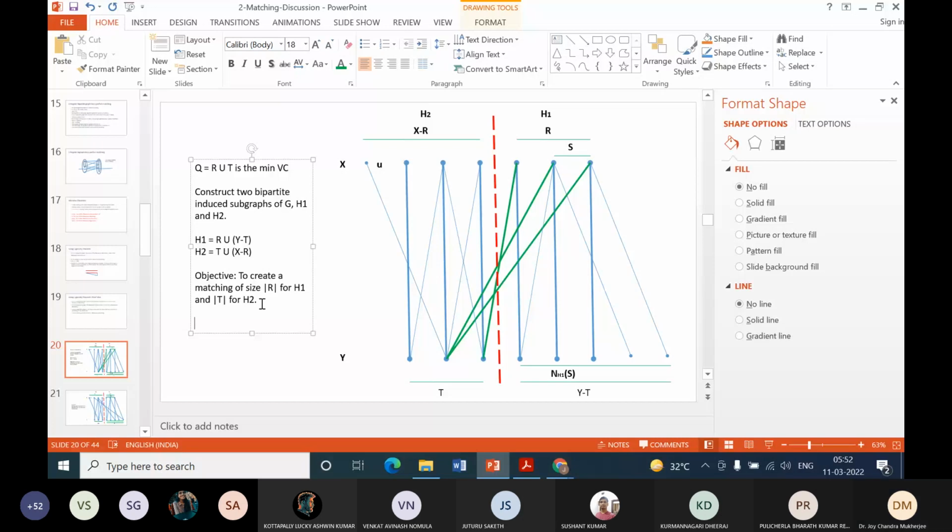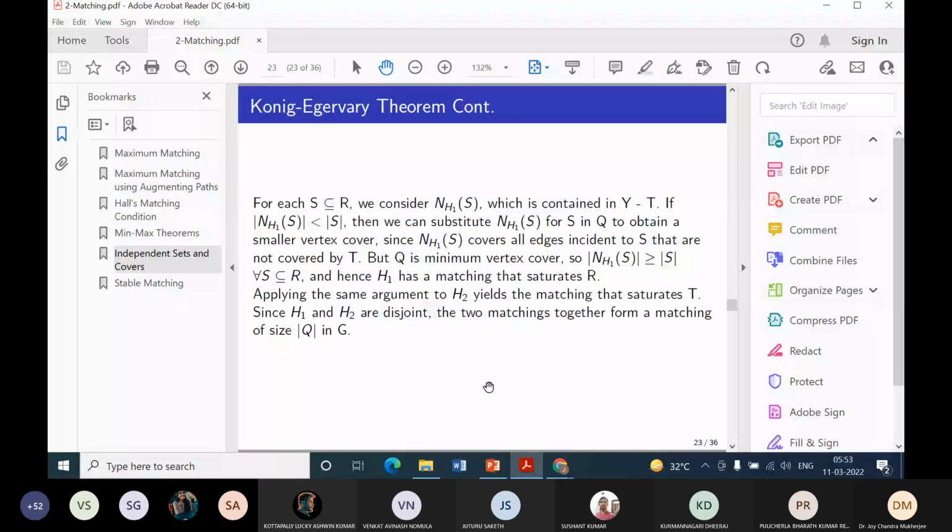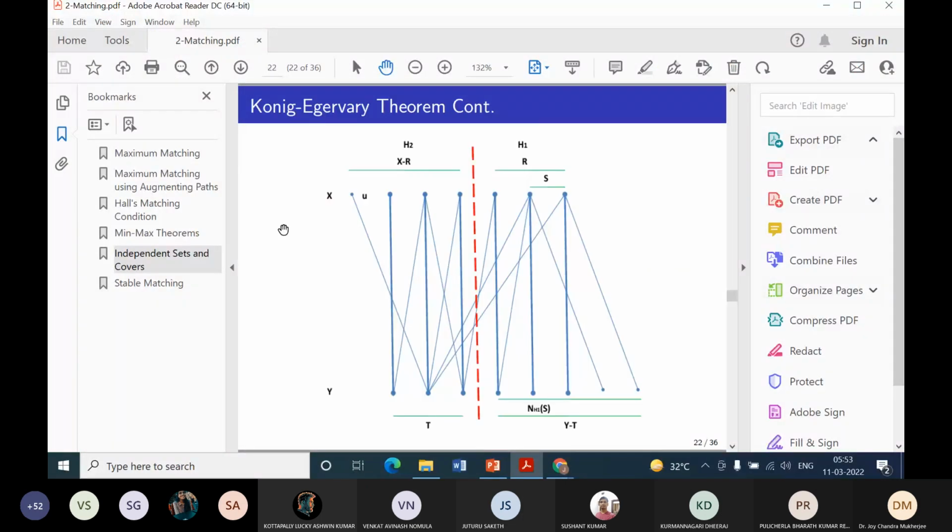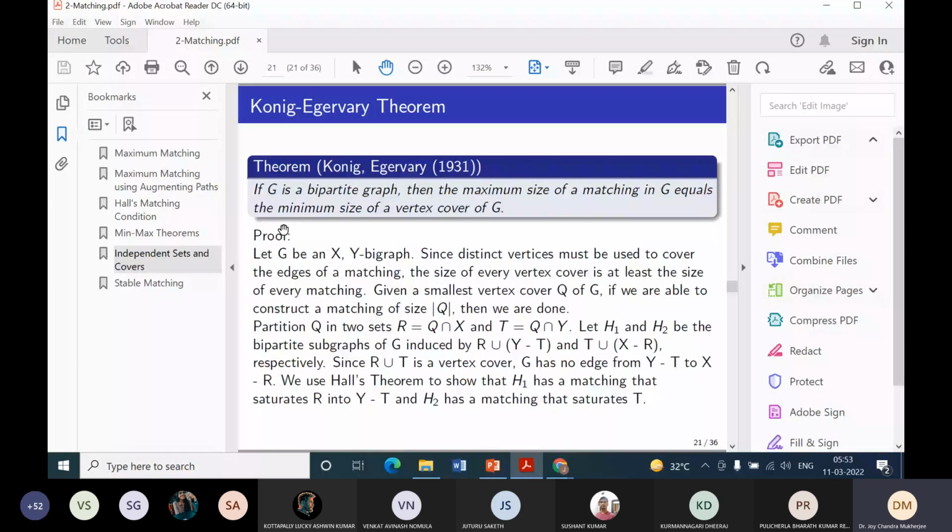So to prove that, okay, so what we do, we have to prove that H1 has a matching that saturates R into Y minus T, and H2 has a matching that saturates T into X minus R. That is something we need to prove.